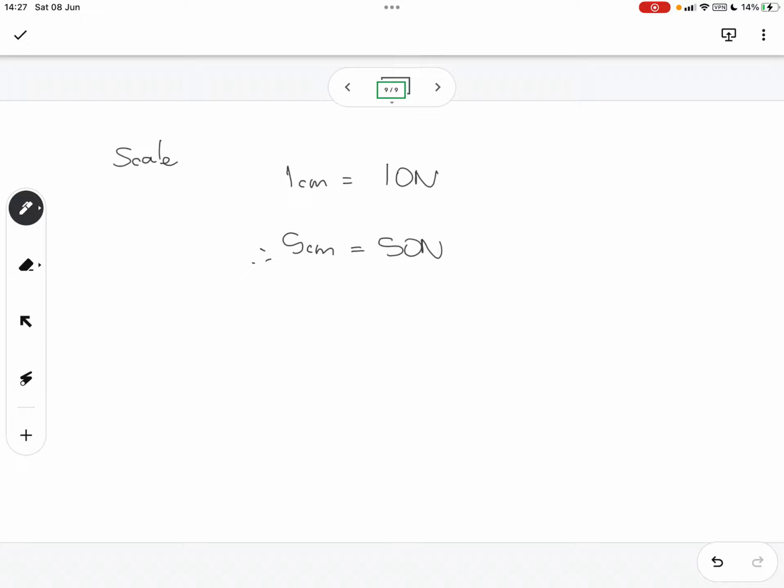So then on your ruler, 5 centimeters, then you can quickly write that down and even draw that as your answer, right? So you decide upon the scale and then you write the scale down.